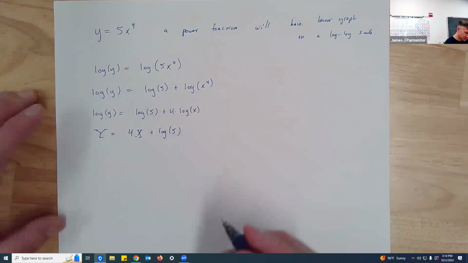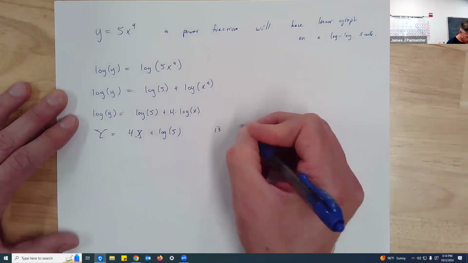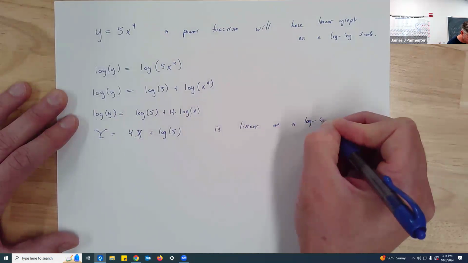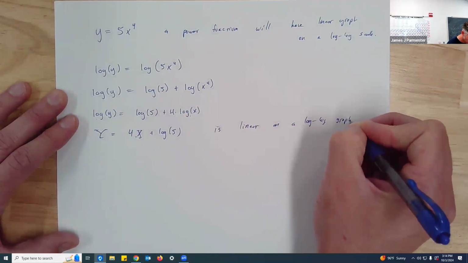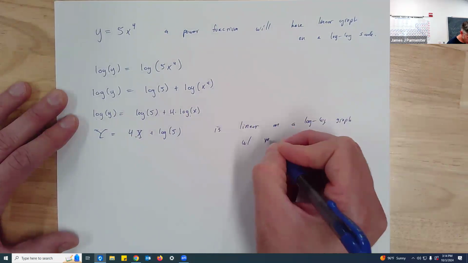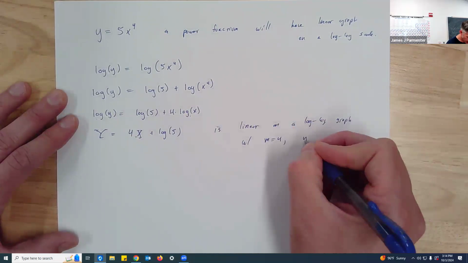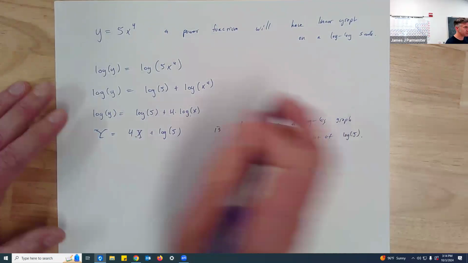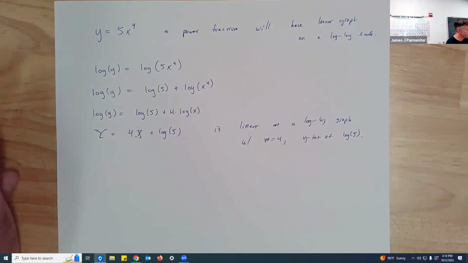So this is linear on a log-log graph with a slope of 4 and a y-intercept of log of 5. Not very exciting so far, I fully admit. But here's where it gets interesting.